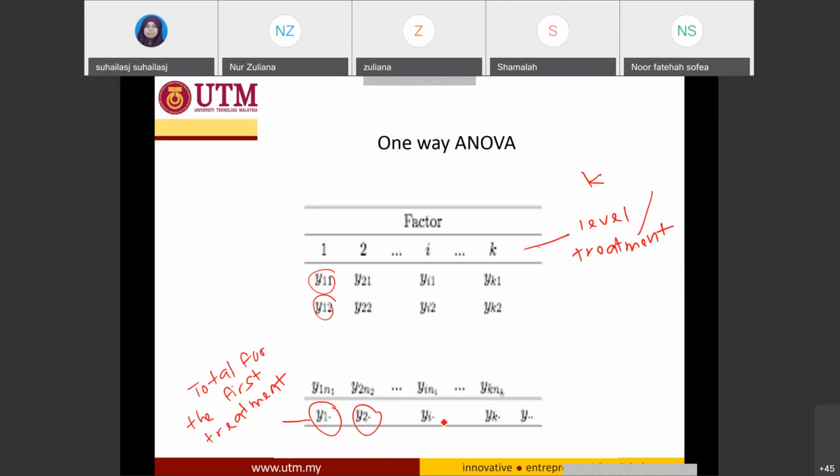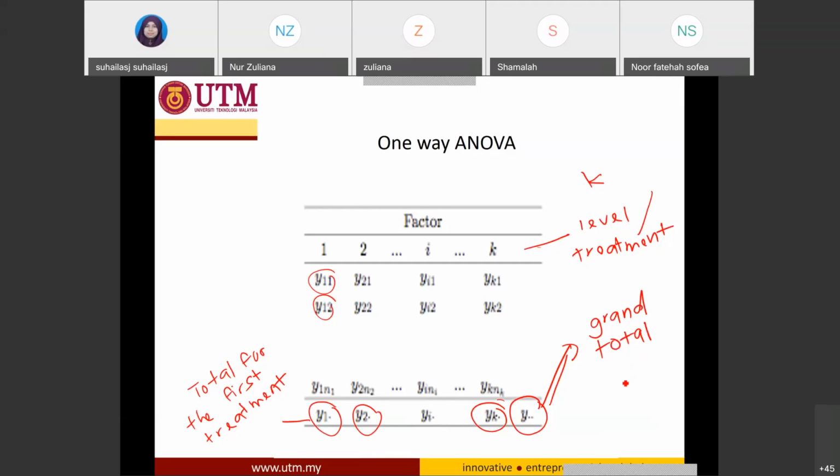Yi dot is the total for the I-th treatment, up to Yk dot, the total for the K-th treatment. Totaling everything up, you get Y dot dot, which is called your grand total. The symbol we use is Y dot dot, your grand total.